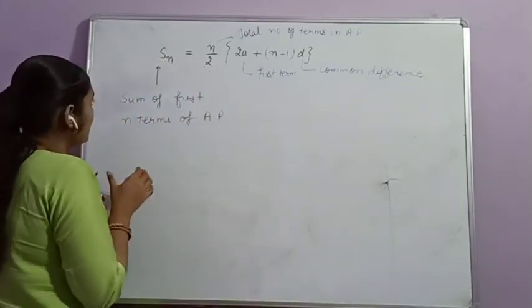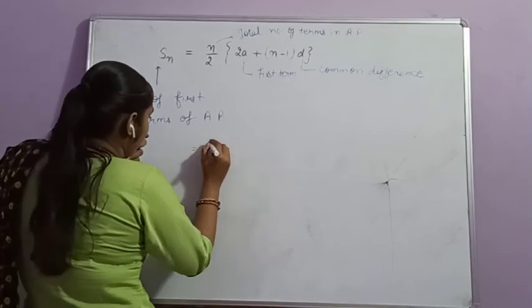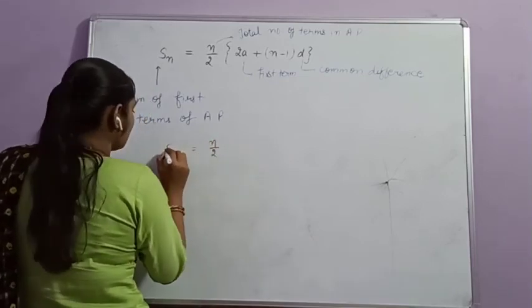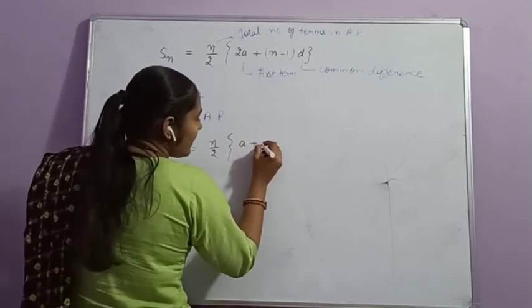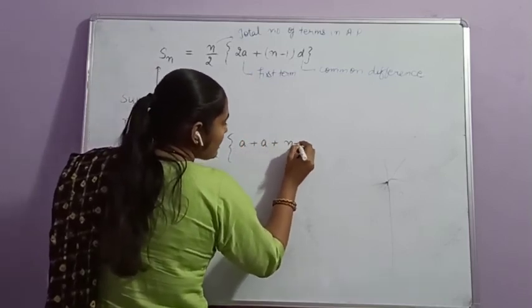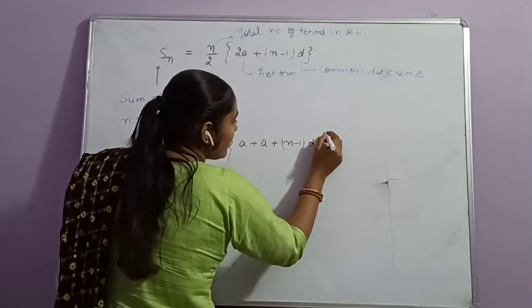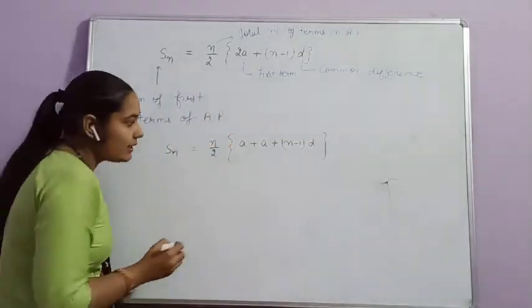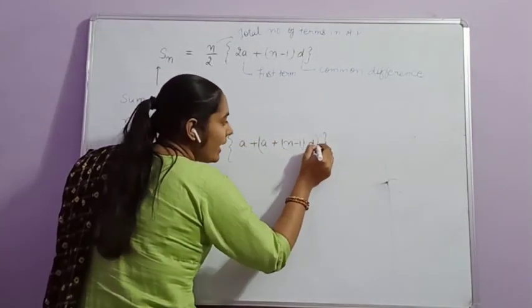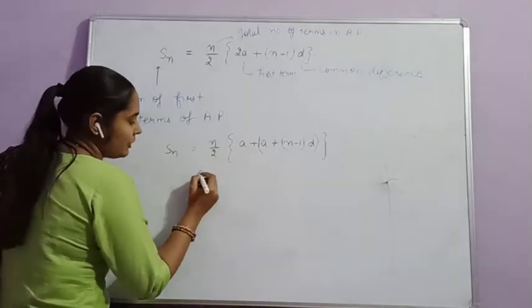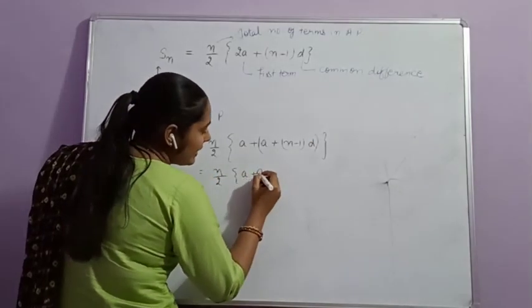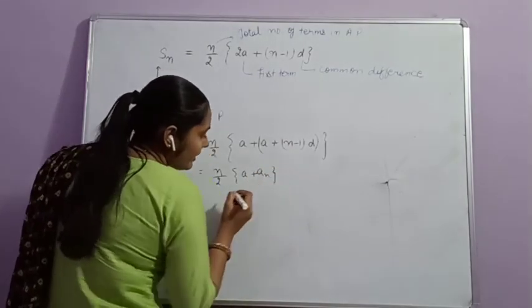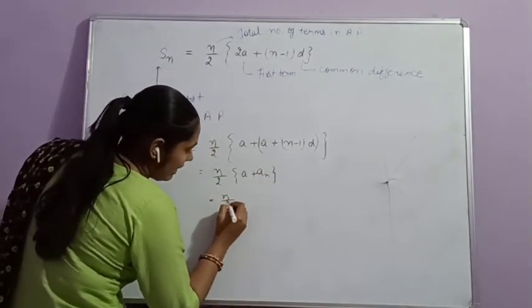Now we can open it, n by 2 into 2a can be written as a plus n minus 1 into d. Here, we know that is the formula of nth term, a plus n minus 1 into d. N by 2 into a plus an, or we can replace an by l.